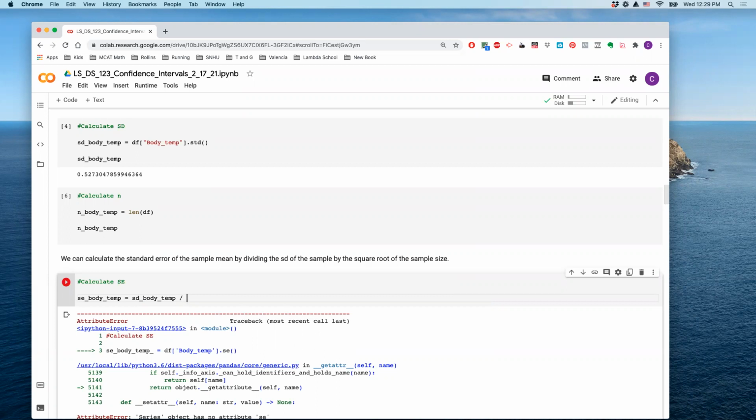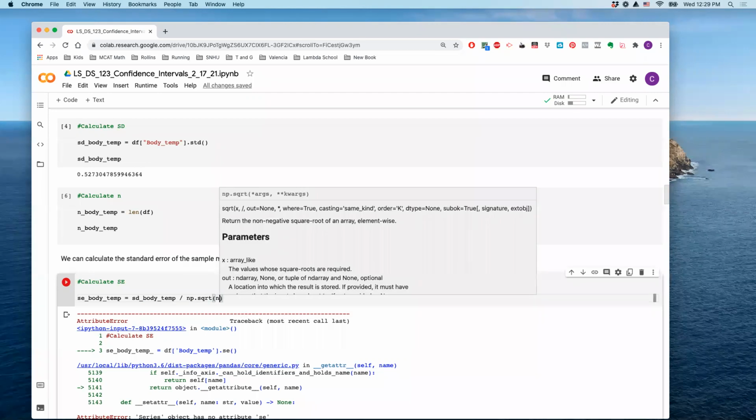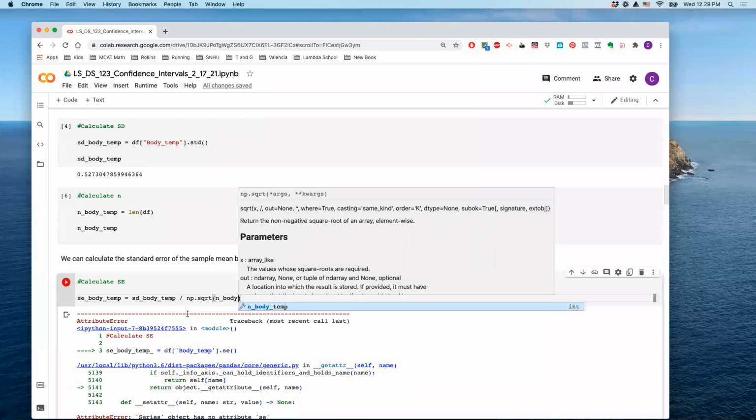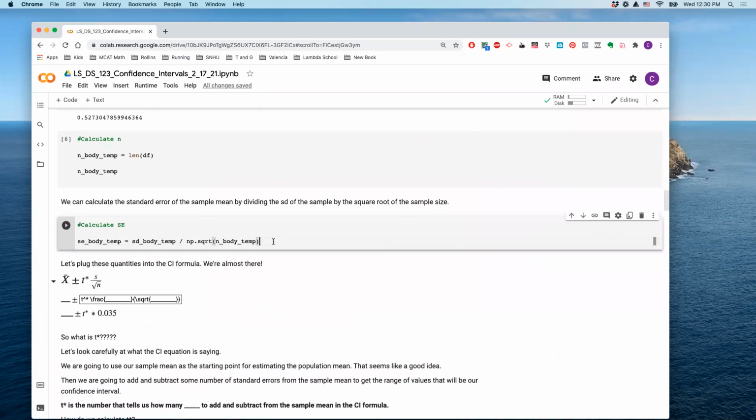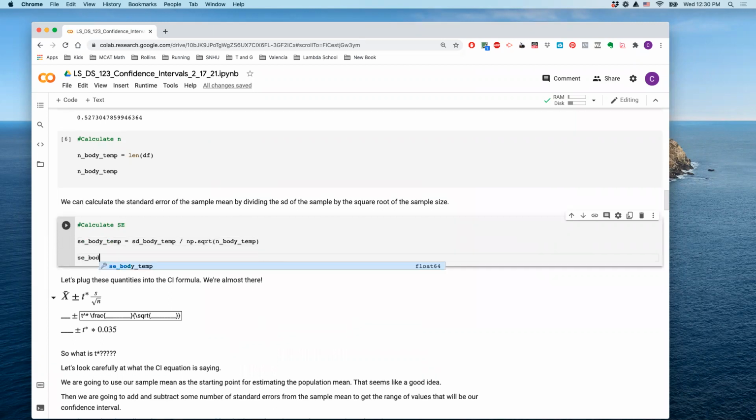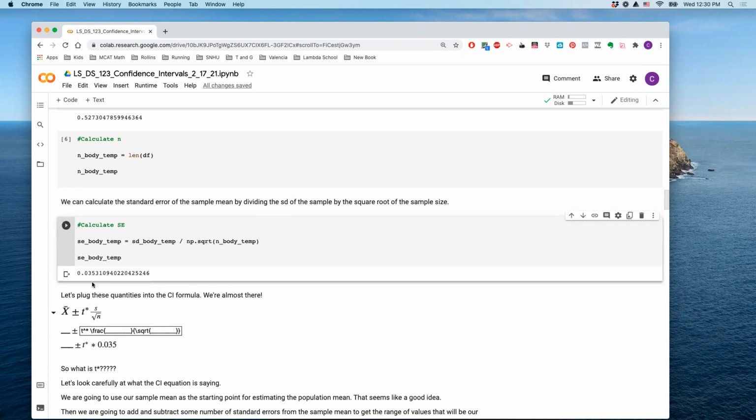So I'm going to use NumPy because I already have it imported, and I'm going to say np dot square root of the sample size. So my standard error is about 0.04.